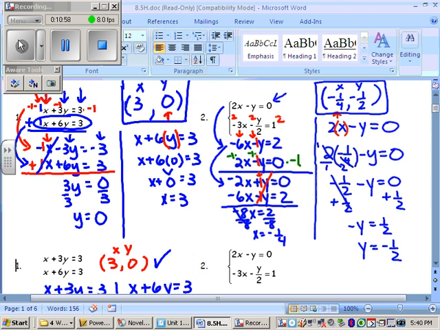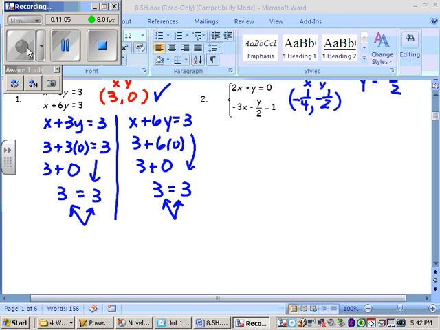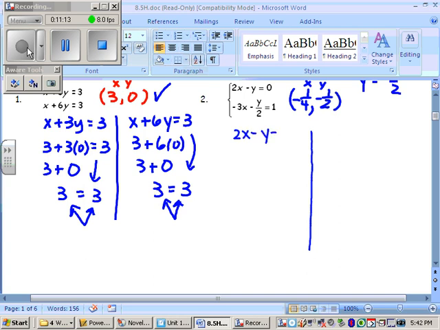We will now scroll down and plug in these values back into both equations and see if our answer is correct. Starting with our first equation, we will go ahead and plug in the values negative 1/4 for x and negative 1/2 for y. So this would give us 2 times negative 1/4 minus negative 1/2 equals 0.